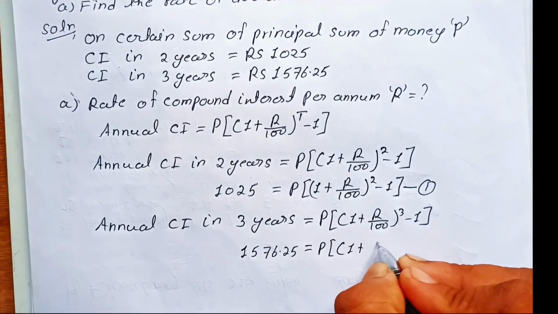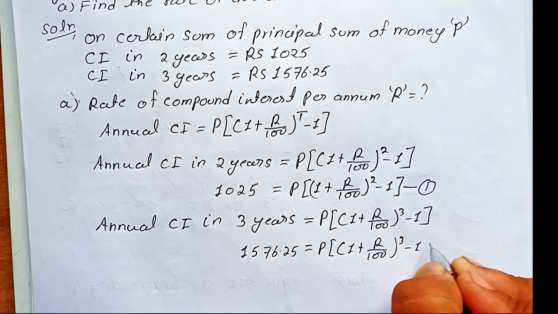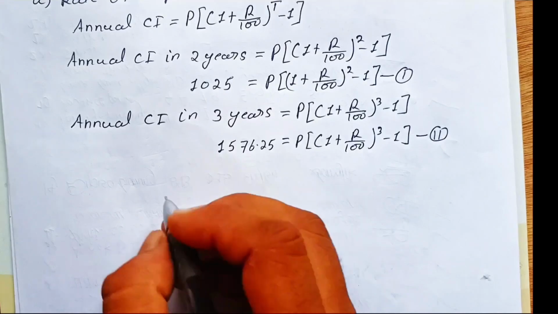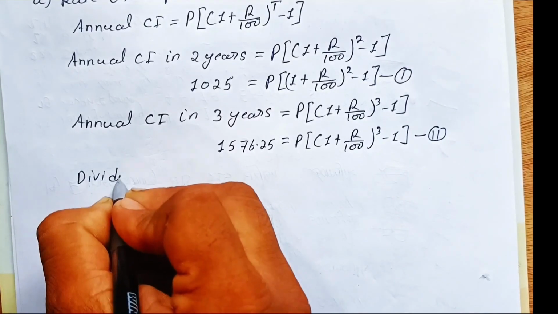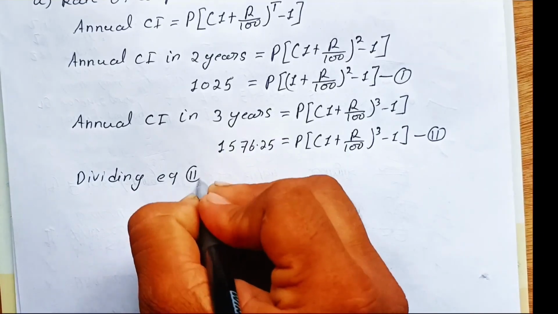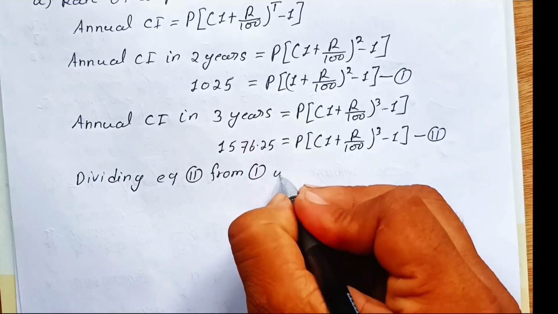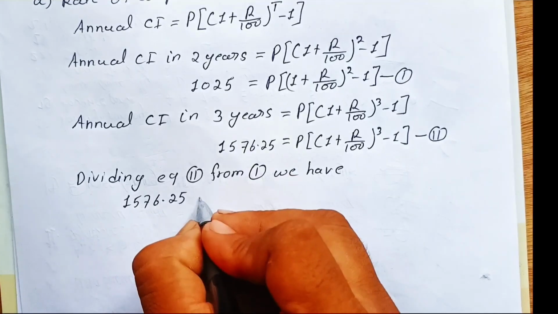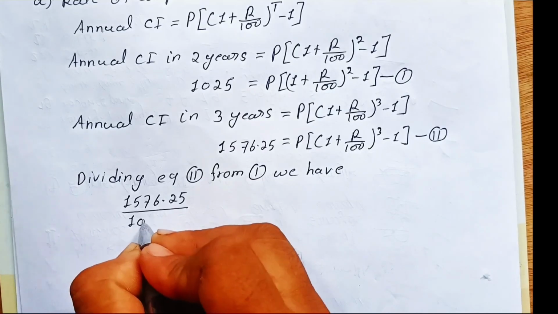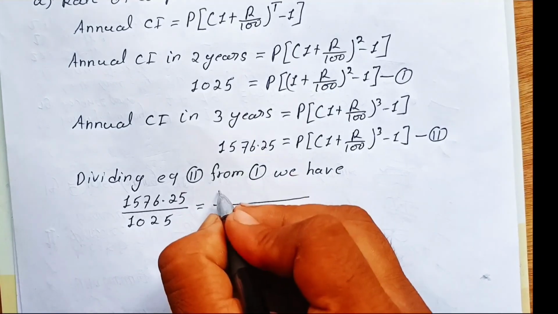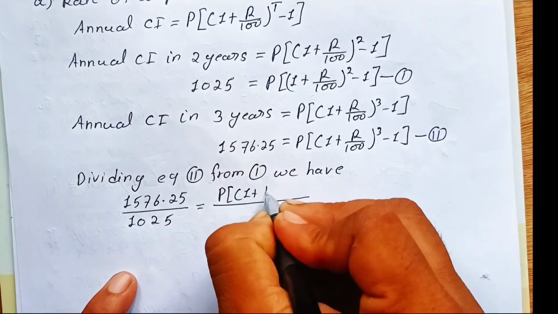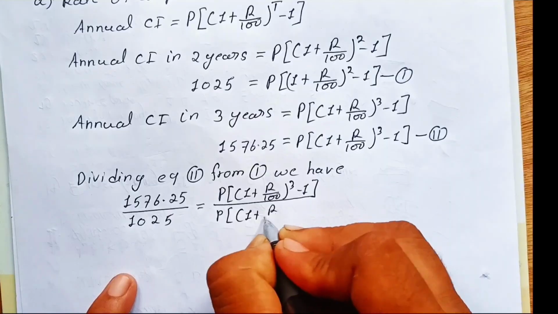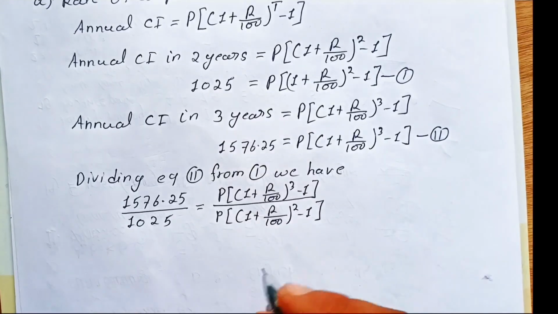So this becomes equation 2. Now we divide the second equation by the first: P times (1 plus R upon 100) to the power 3 minus 1 over P times (1 plus R upon 100) to the power 2 minus 1.